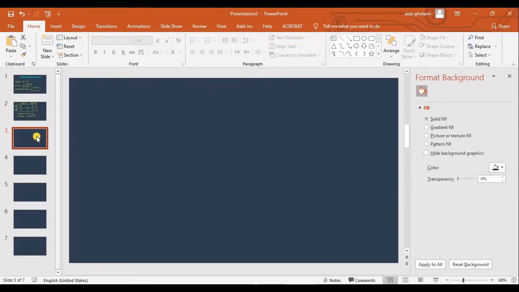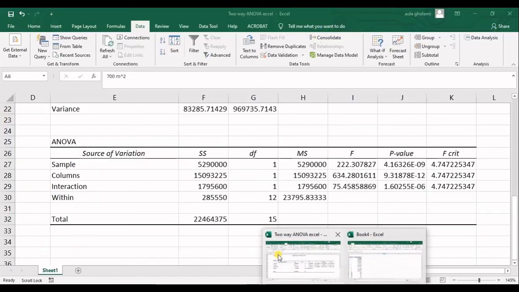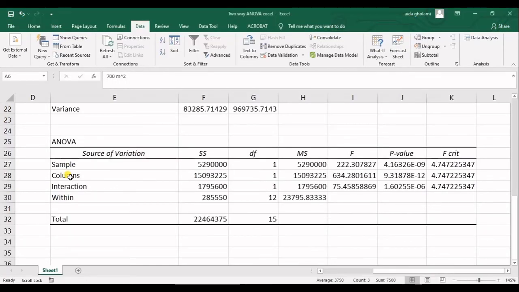So we have the sum of squares for columns and samples, which I said columns is rooms, samples is the other factor, which is the area.